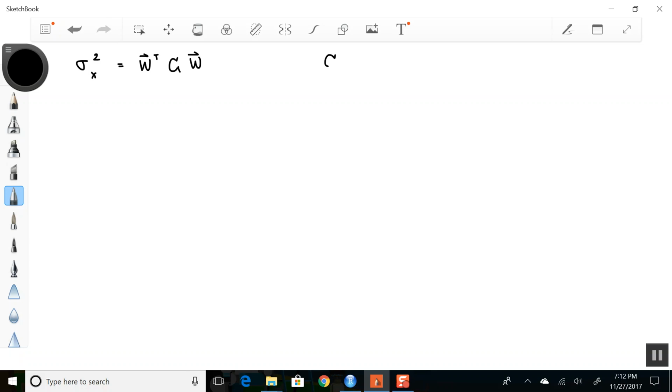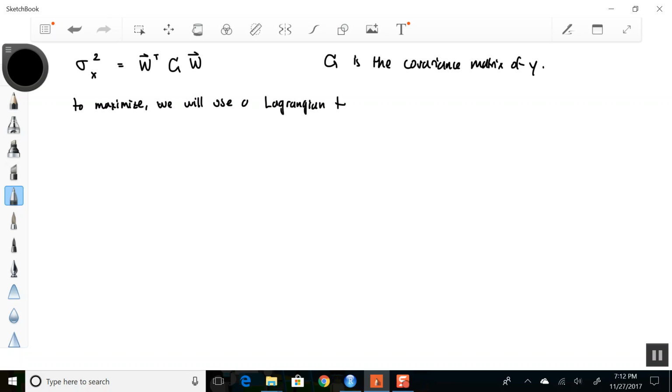Okay, so what we have is this, where C is the covariance matrix of Y. And then to maximize, we'll use a Lagrangian term.